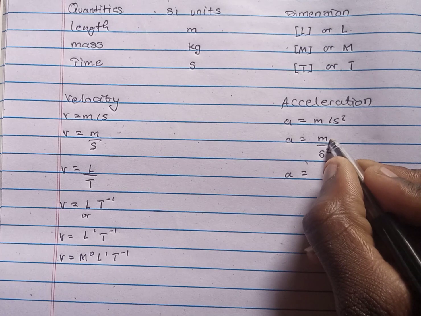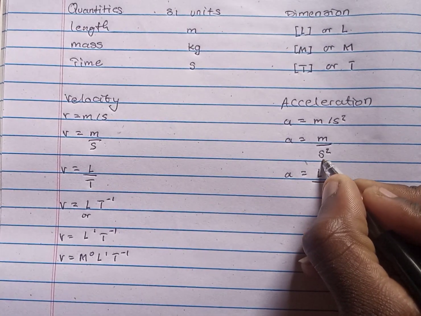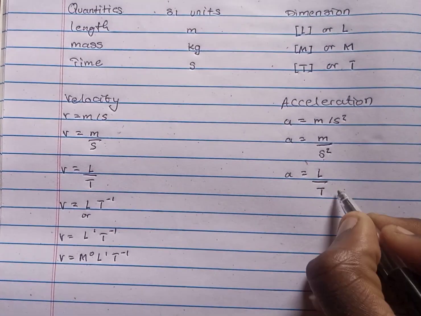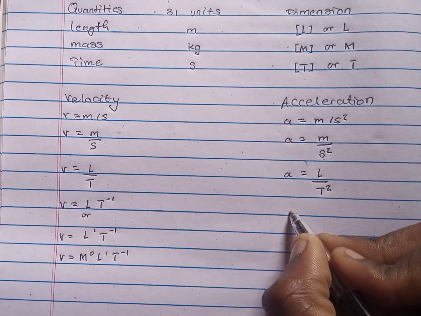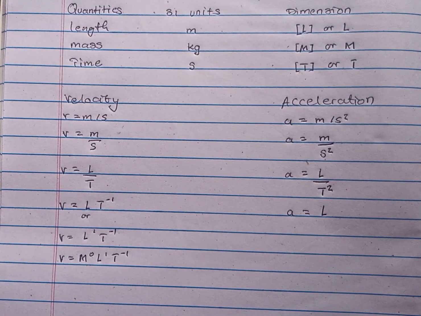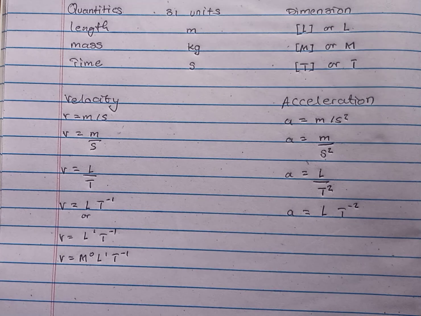The SI unit meter has the dimension L. The SI unit second has the dimension T. But since S is squared, we're also going to square T. So acceleration is equal to L. Writing T squared at the numerator, we're going to have T to the power minus 2, because when we write it at the numerator, we multiply the power with a negative.